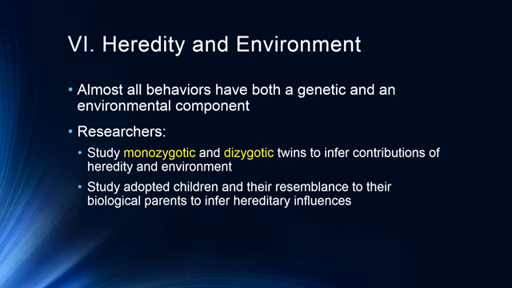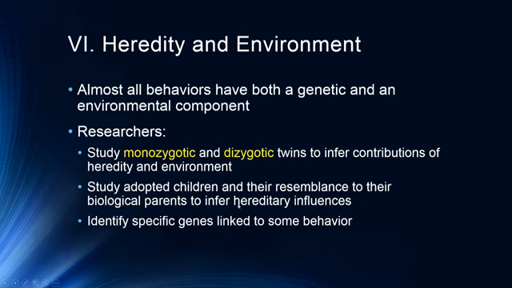We can also look at adopted children and their resemblance to their biological parents to infer hereditary influences. So if there is a resemblance between adopted children and their biological parents, that's more likely hereditary and not environmental because they're not raised by their parents, or at least somewhat.